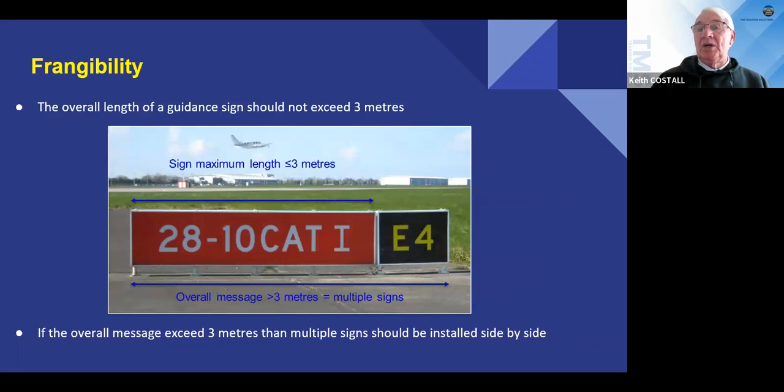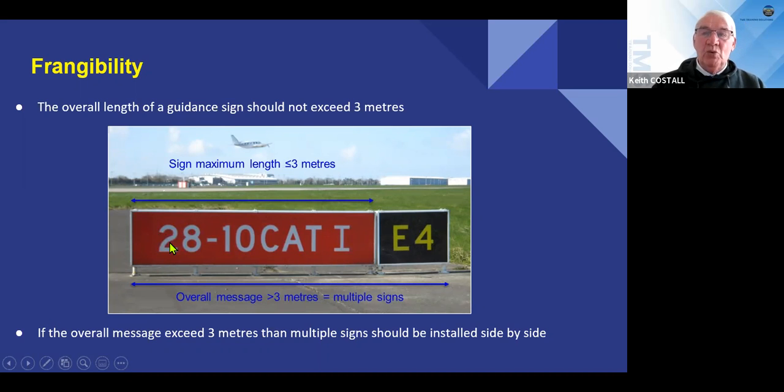I've mentioned size already. If you want to put a lot of information, obviously it's going to be quite a big sign. But when we looked at the design of the signs themselves, it wasn't only the size of the letters and the numbers, that 40 centimeter concept that I spoke about, how far the letters should be from the top, how far they should be from the bottom of the guidance sign, how far they should be from the side of the guidance sign.